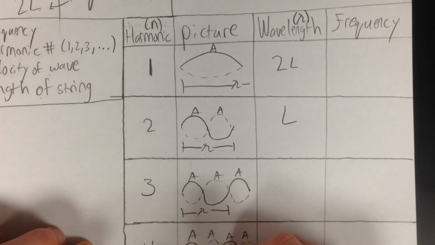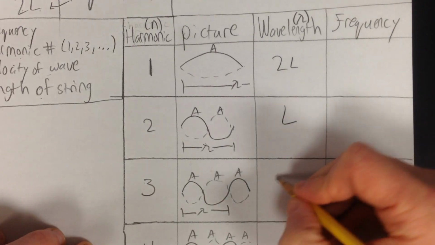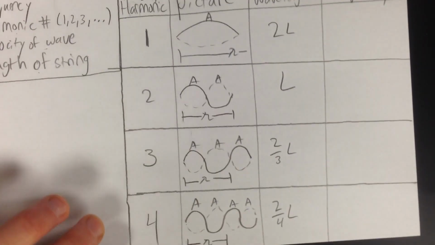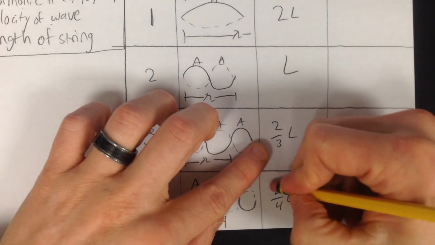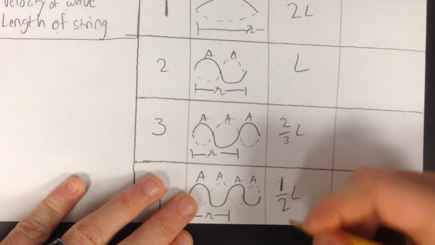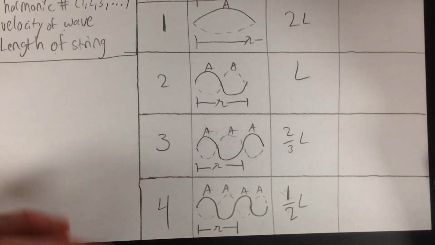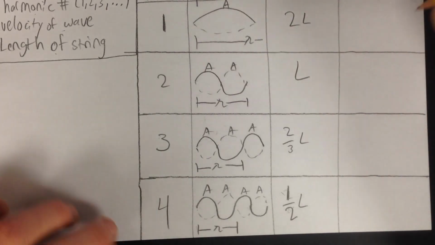Here the wavelength is 2/4 of the string. 2/3 L, 2/4 L. And what can we write 2/4 as, really? 1/2.